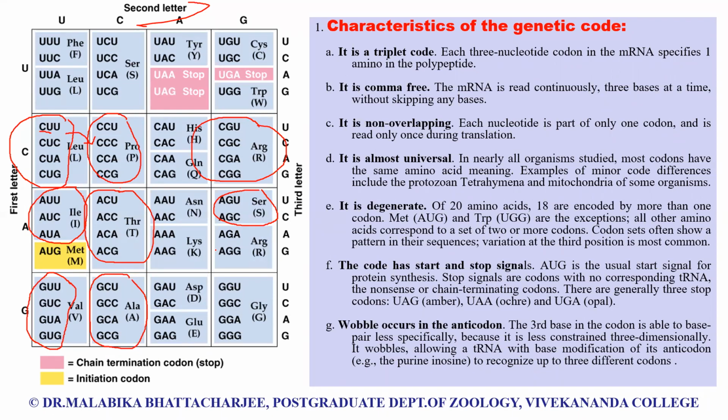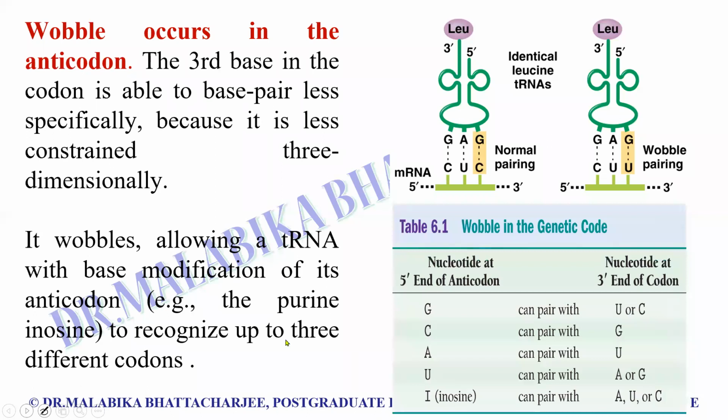What does that mean? Let's go by an example. You have identified from this genetic code that where the first and second bases are the same and only the third base changes, all the 4 combinations are coding for the same amino acid. Now, let's look into the wobble concept.